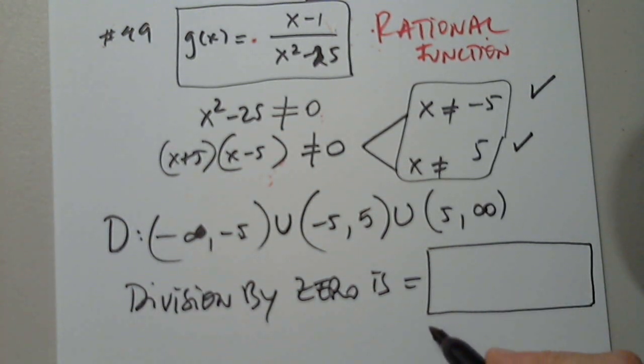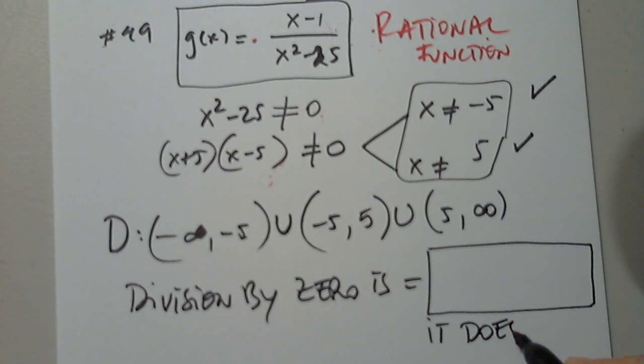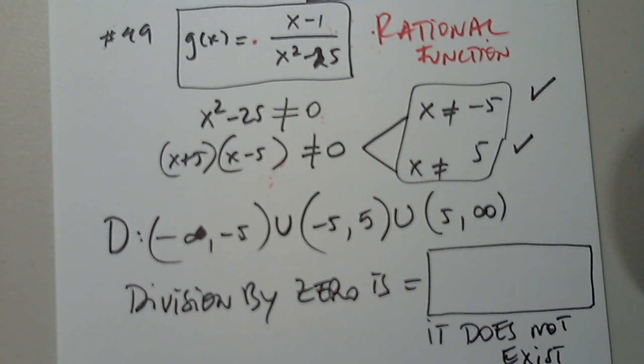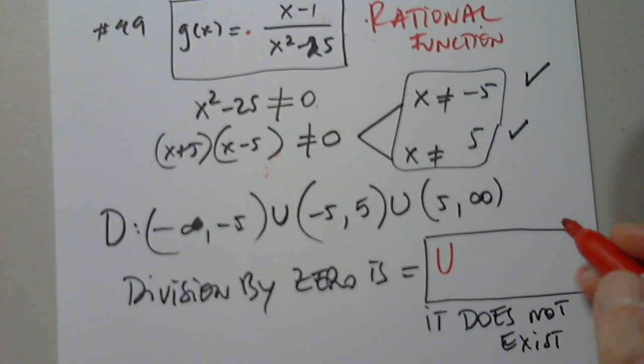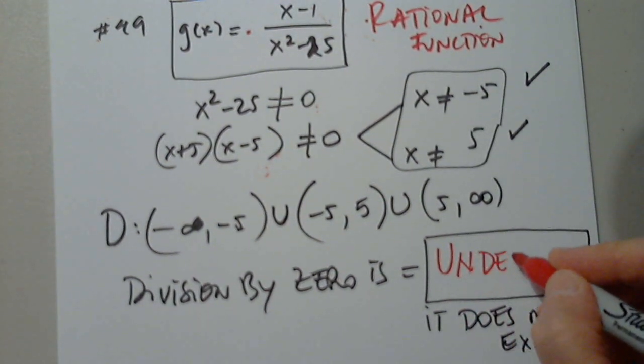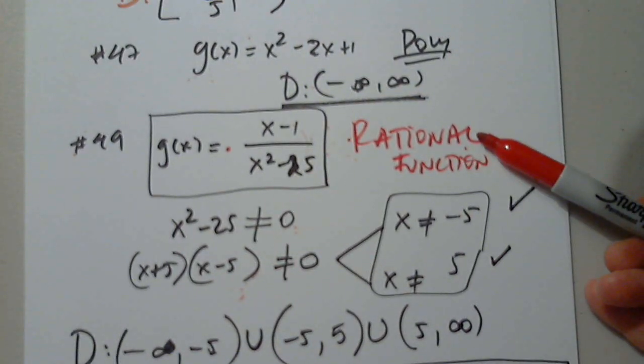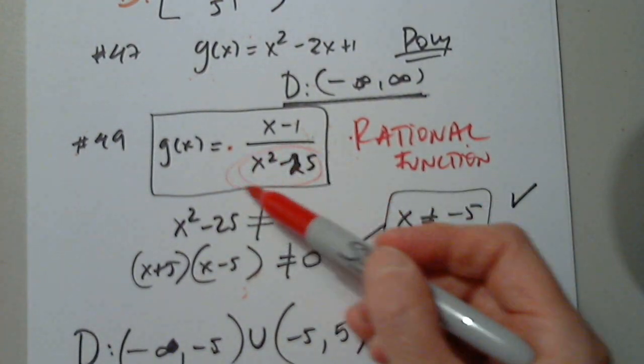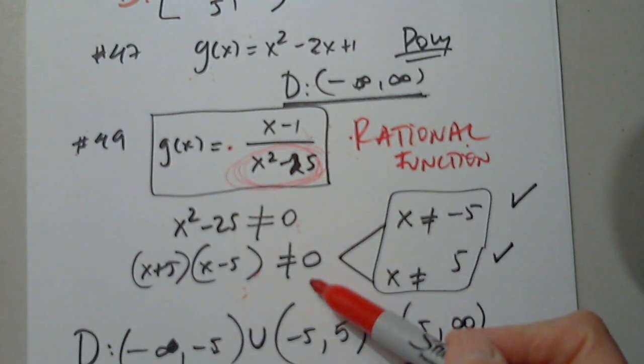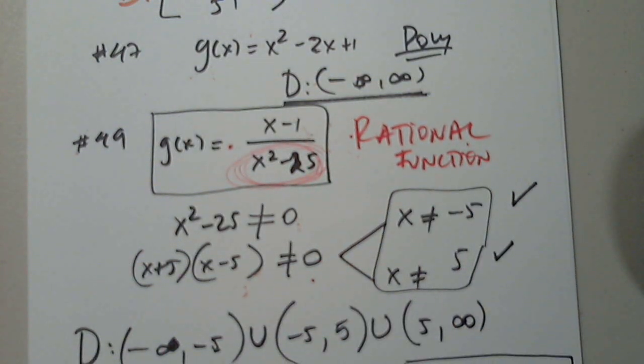It really means it does not exist, but we prefer a fancy word. Anyone remember that fancy word? Yes. That's why when we encounter a rational function, we have to make sure that this is never 0. Awesome.